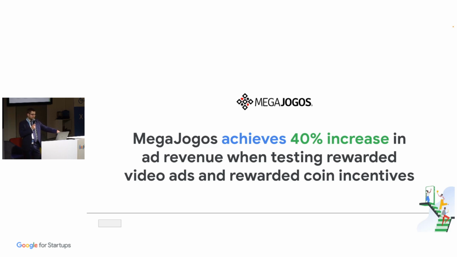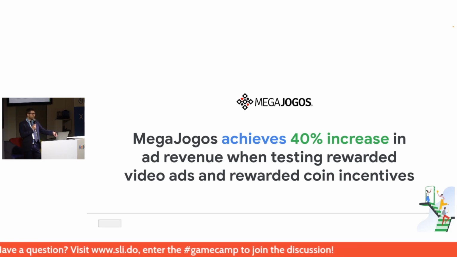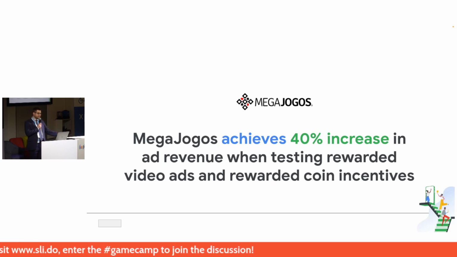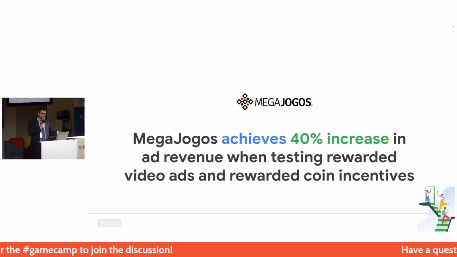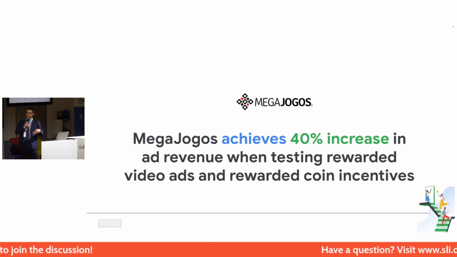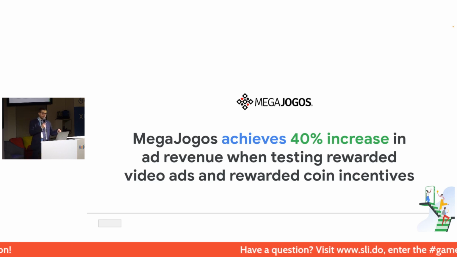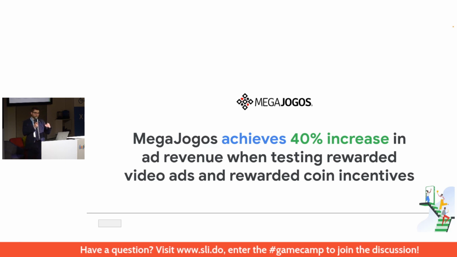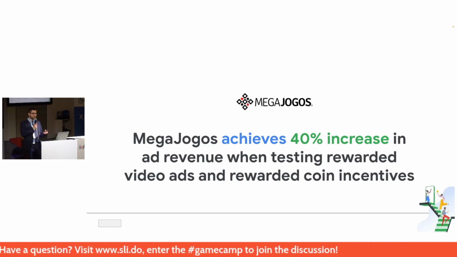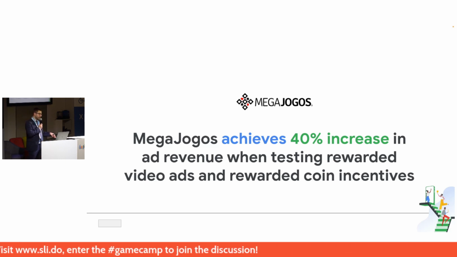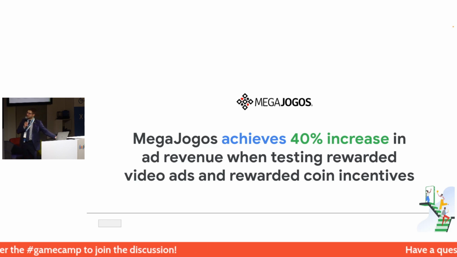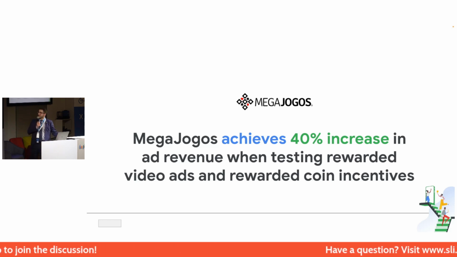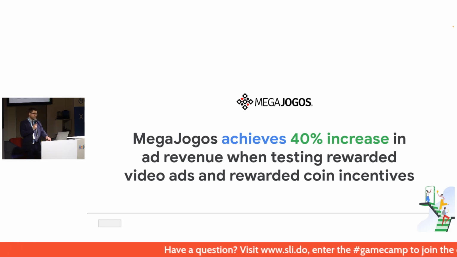So through a series of experiments and remote config, they found the optimal number of soft coins to give the users during the first open and during these events. While they were splitting those audiences, they were able to improve day one retention, and their revenue for the rewarded ads, and ad revenue in general, grew by 40%, which is a lot.